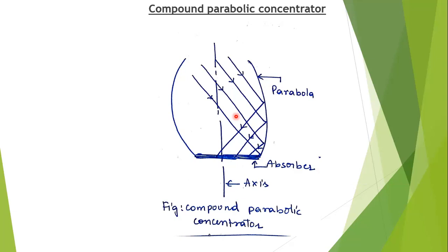So this CPC is actually suitable for the temperature range of 100 to 150 degrees. This temperature is attainable even if the absorber is not surrounded by a vacuum.